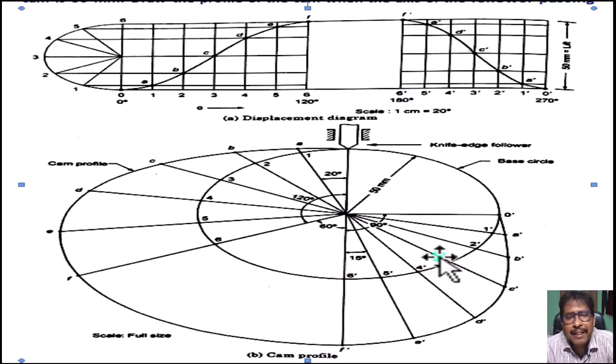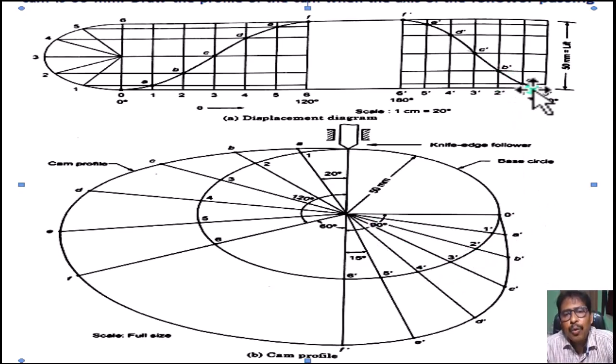Cut this point. Next 5 dash E dash, cut this point. Now 4 dash D dash, cut this point. Now 3 dash C dash, cut this point. Now 2 dash B dash, cut this point.